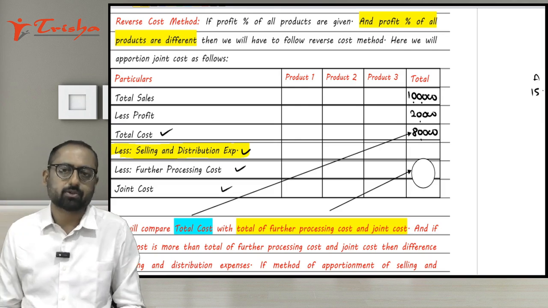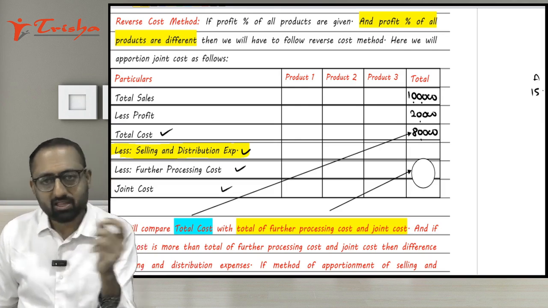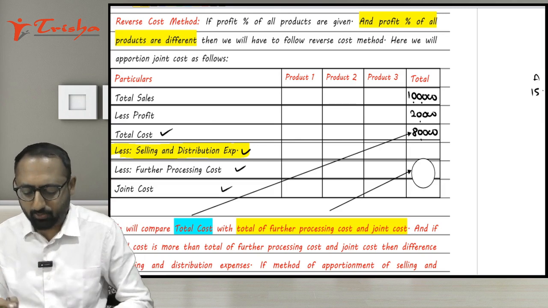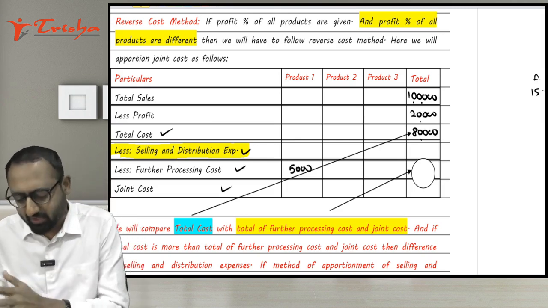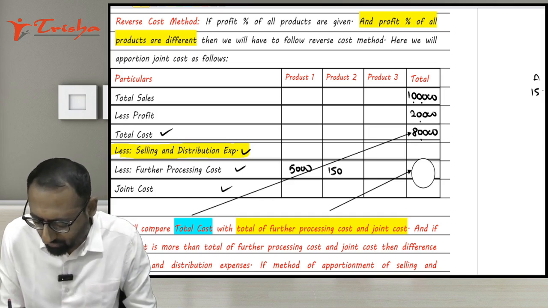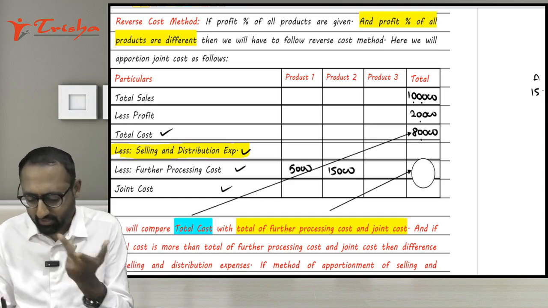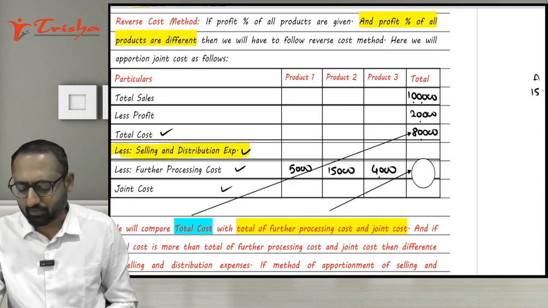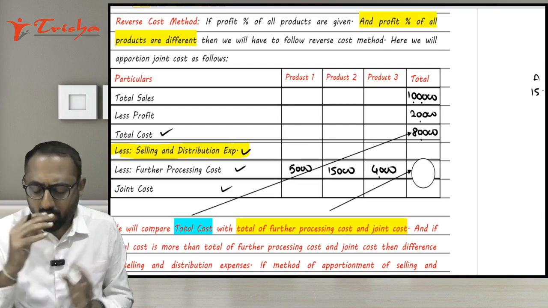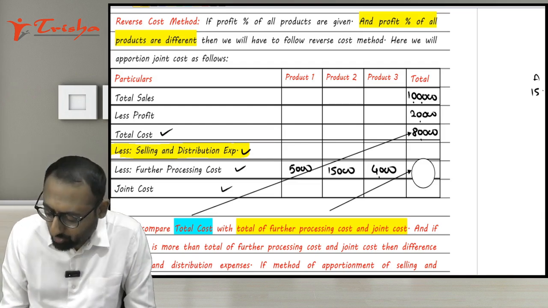Total cost is 80,000. Now in the question, further processing cost is given separately for each product. Suppose for the first product, further processing cost is 5,000. For the second product, it is 15,000. For the third product, it is 4,000, say for example. So 5,000 plus 15,000 plus 4,000 comes to 24,000.